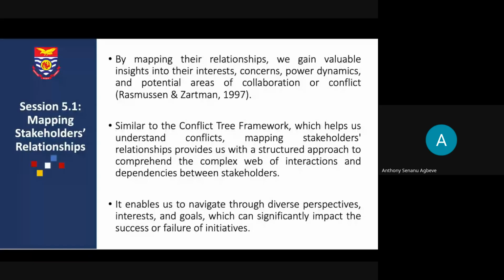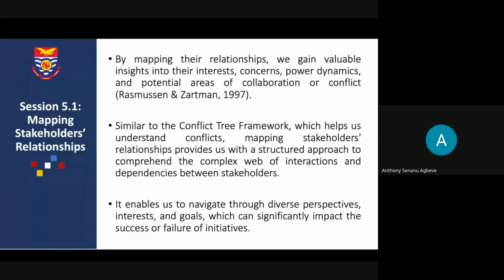So by mapping the relationships, we gain valuable insights into their interests, concerns, power dynamics, and potential areas of collaboration or conflict. So with the mapping stakeholder, it helps us to gain insights into the various interests of all the various stakeholders. What are their concerns?